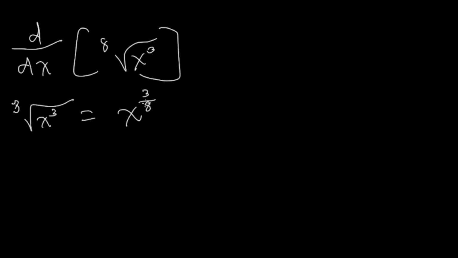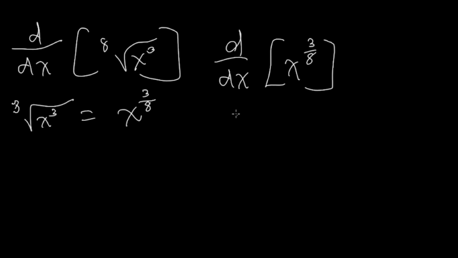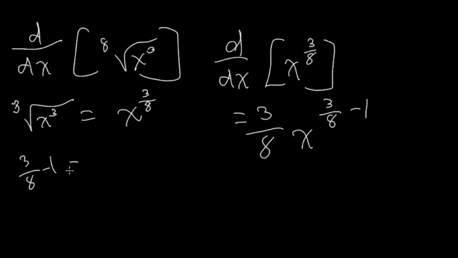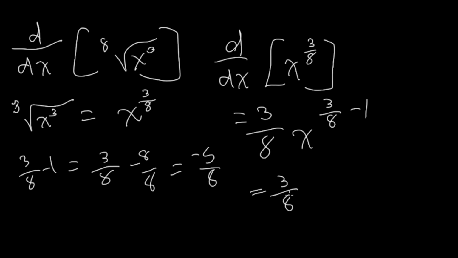With this in mind, we shall take the derivative of x to the power of 3 over 8. That's equivalent to 3 over 8 times x to the power of 3 over 8 minus 1. 3 over 8 minus 1 is the same as 3 over 8 minus 8 over 8, which is negative 5 over 8. So that's 3 over 8 times x to the power of negative 5 over 8.